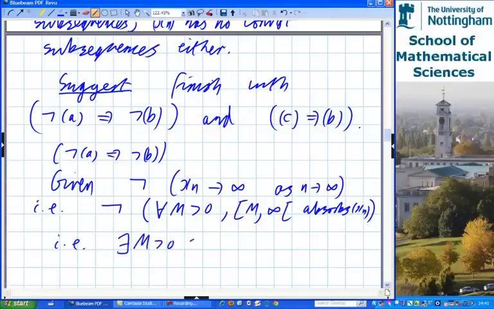i.e. again, there exists an m greater than 0 such that, it was modulus xn tending to infinity, so let's just fix that. And this last sequence that doesn't get absorbed is mod xn.